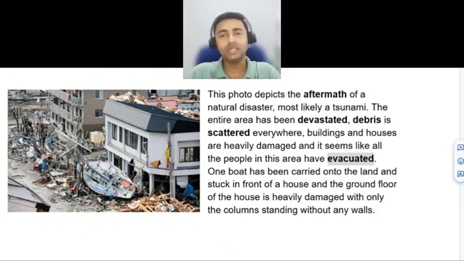Unless you have read about greenhouse gases, you won't be writing about them. Let's assume your English is very good, but still, unless you have read about greenhouse gases, you won't be talking about them in the essay, right?